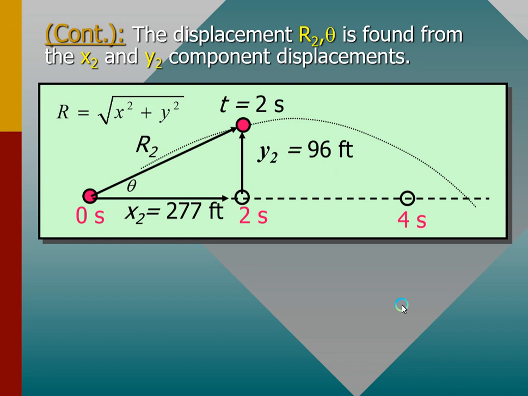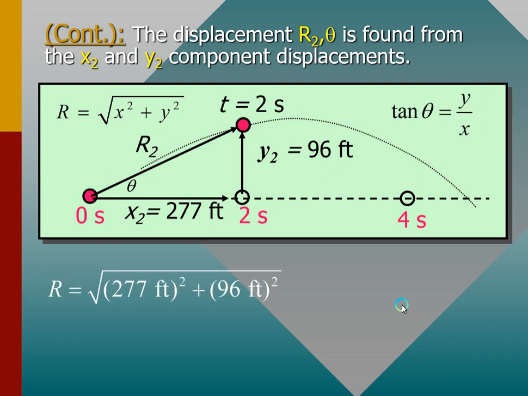Kaunta ang value sa aton nga r kag aton nga theta. R naton is equal to 277 feet squared plus 96 feet squared.